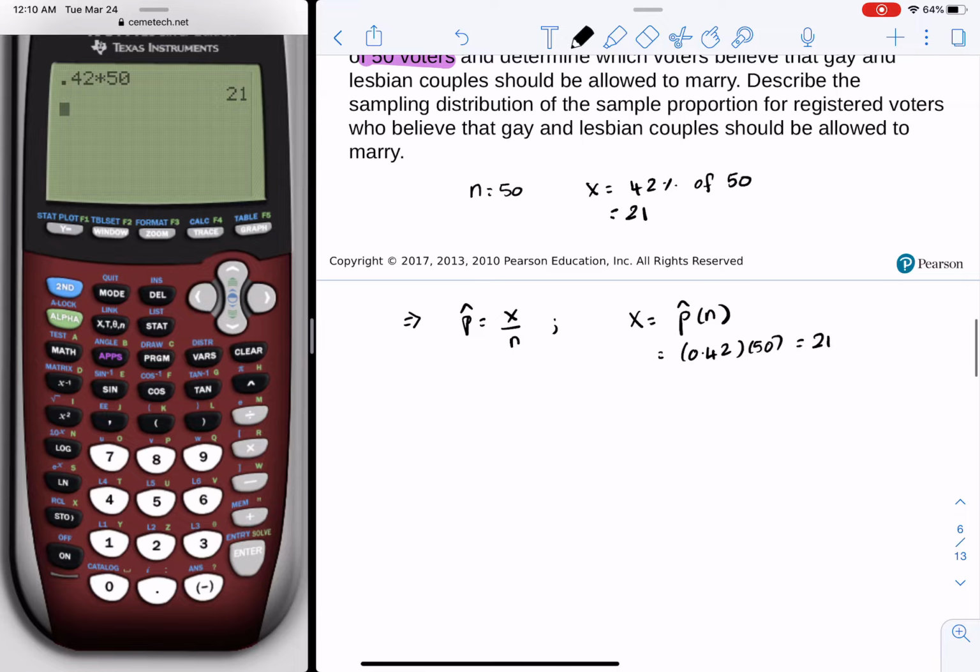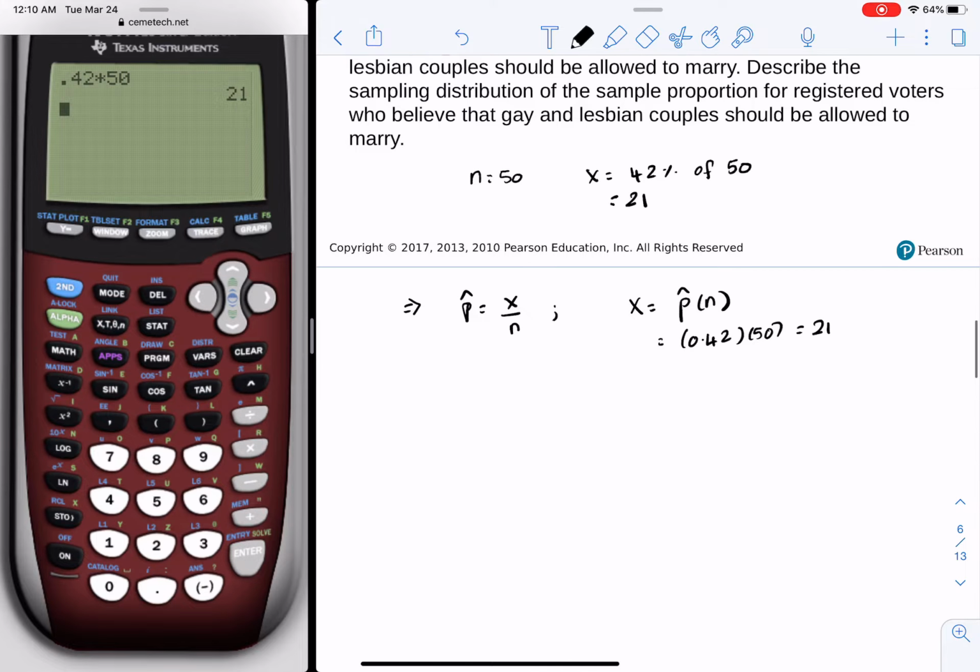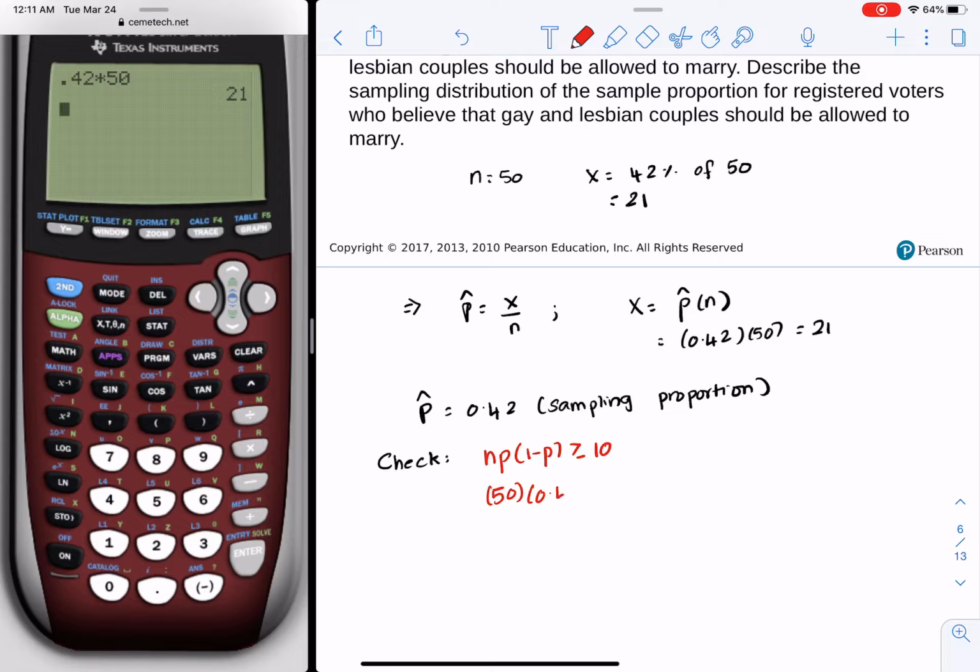So now we have to find the sampling distribution of the sample proportion, which is p hat, and it is important that we check the condition that n times p times 1 minus p is greater than or equal to 10. n here is 50, p is 0.42, and 1 minus 0.42.